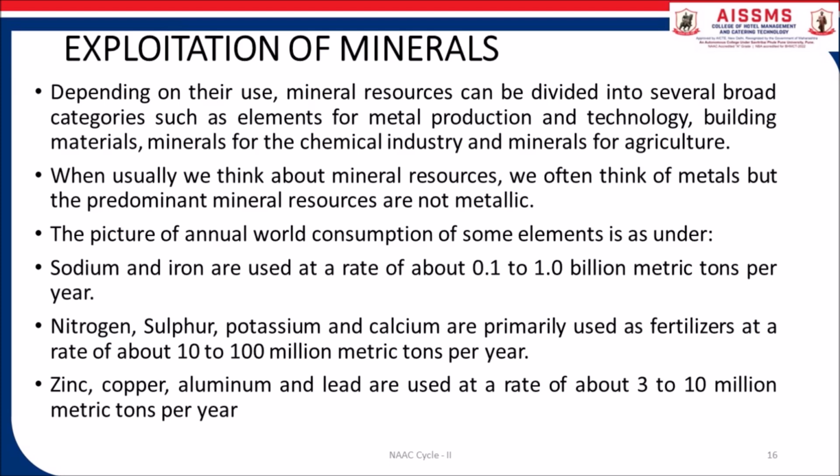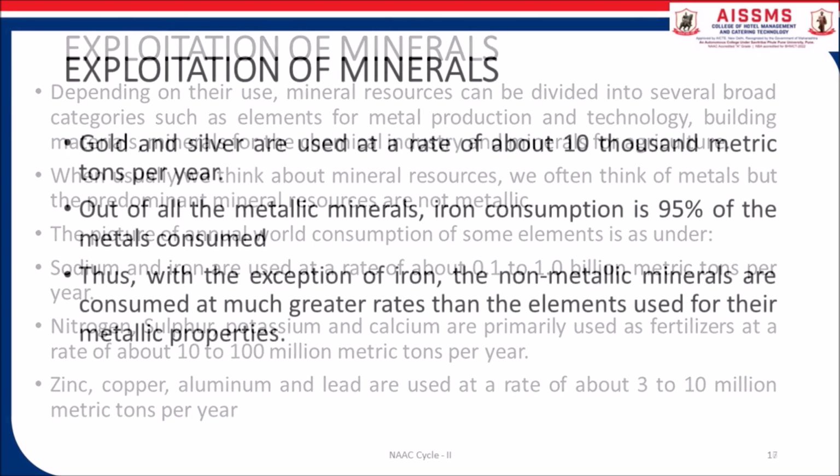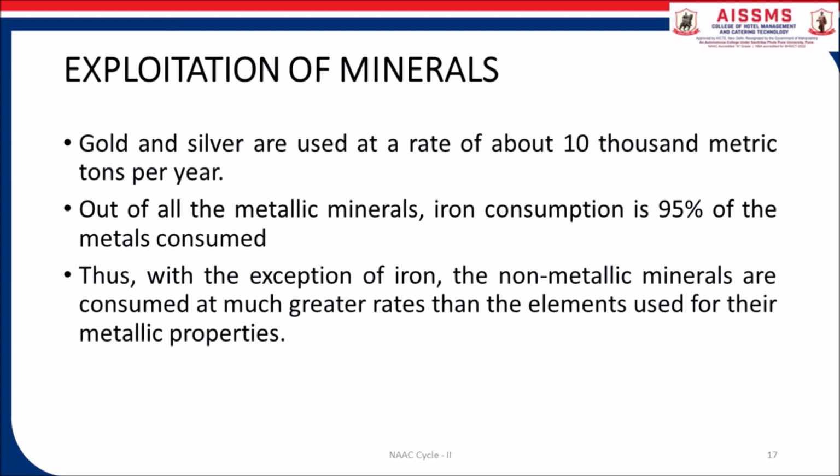Nitrogen, sulfur, potassium, and calcium are primarily used as fertilizer at a rate of about 10 to 100 million metric ton per year. Zinc, copper, aluminum, and lead are used at a rate of about 3 to 10 million metric ton per year. Gold and silver are used at the rate of about 10,000 metric ton per year.